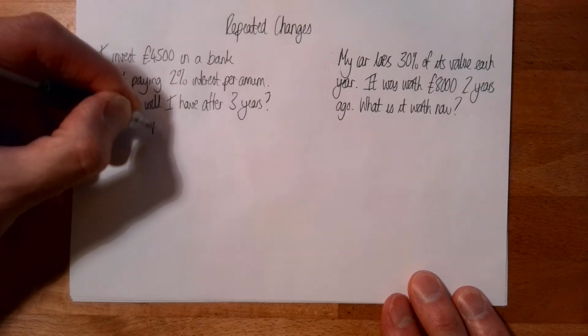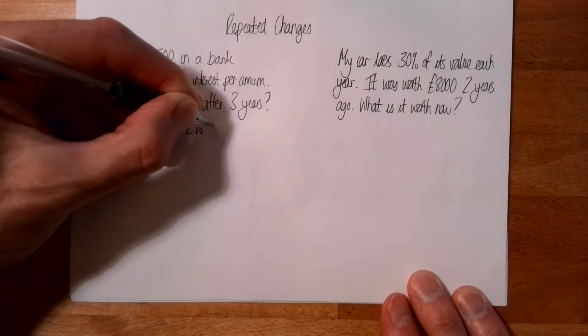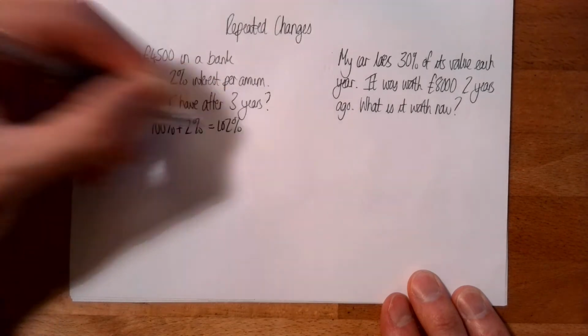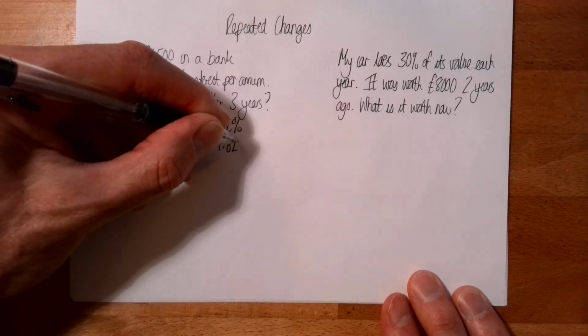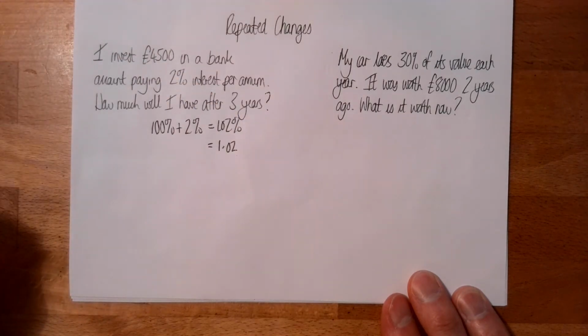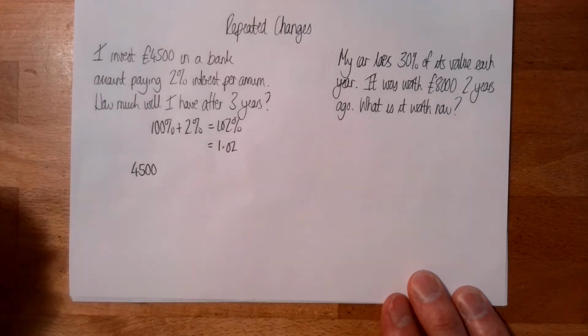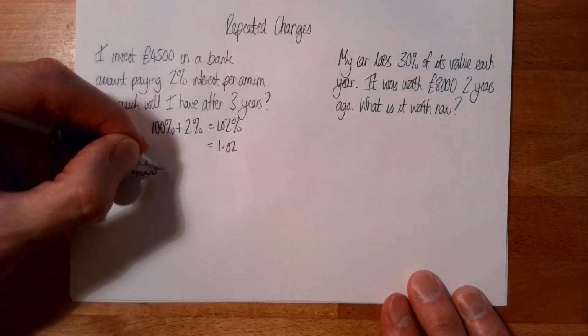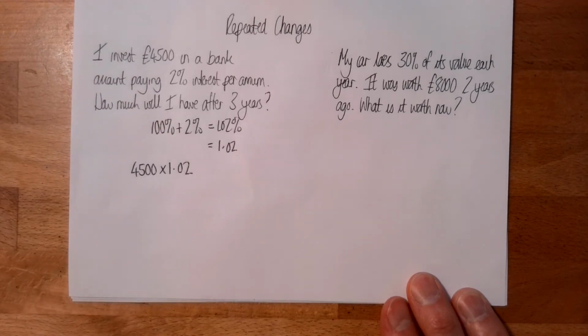So a 2% increase, so 100% plus 2% is 102%. So my multiplier is 1.02. So every year I need to take the amount of money I had in the bank, which is 4,500 to start with, and multiply by 1.02. So that's how much I've got after 1 year.